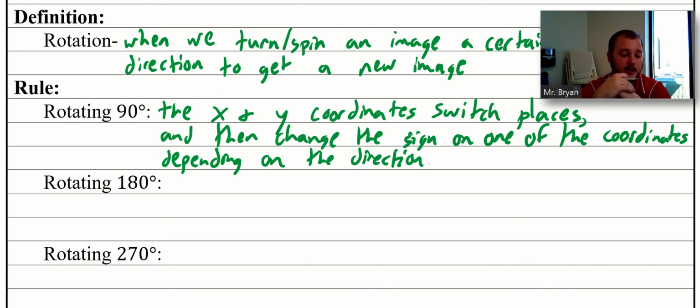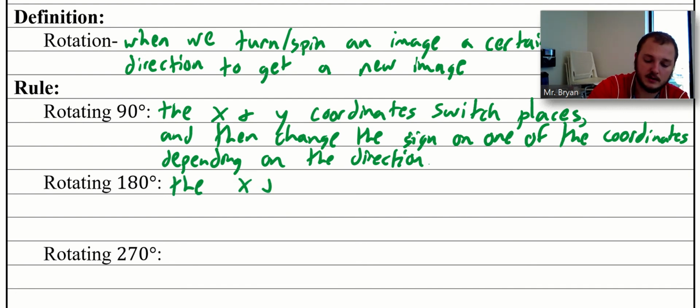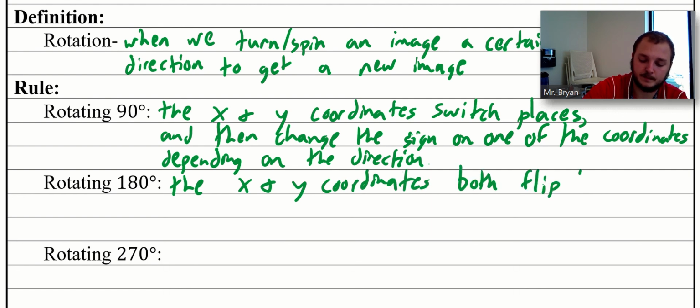Okay, rotating 180, this one's a little bit simpler. Rotating 180, all we do is the x and y coordinates both flip their sign.